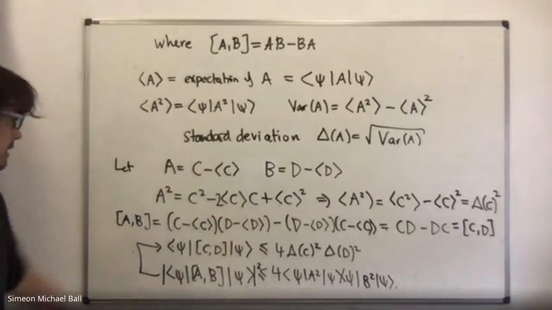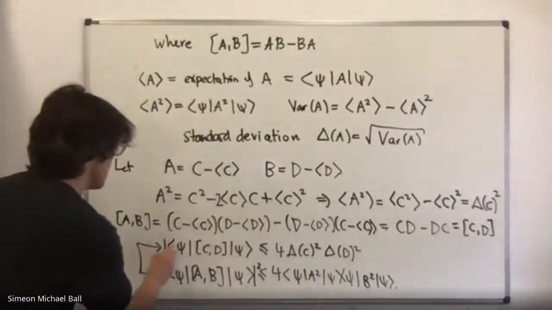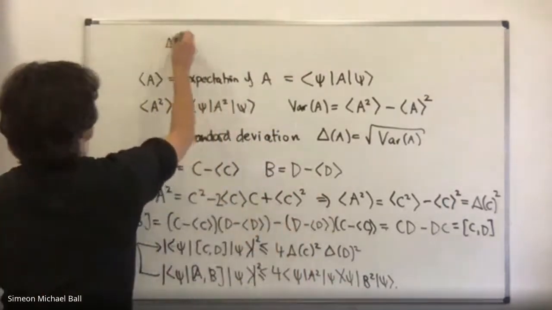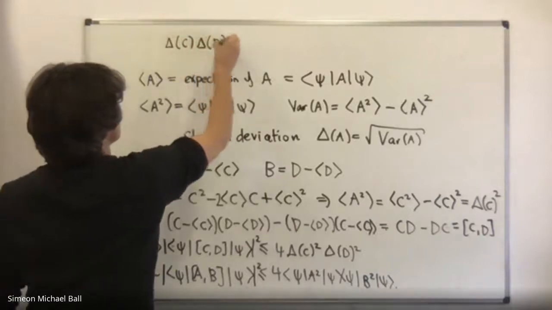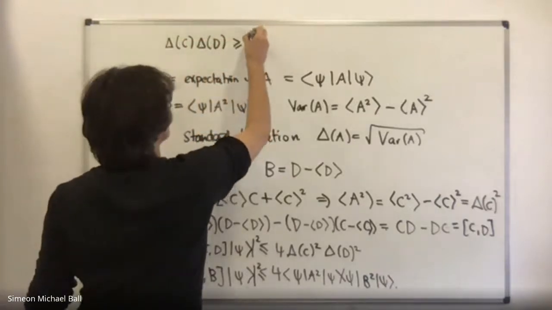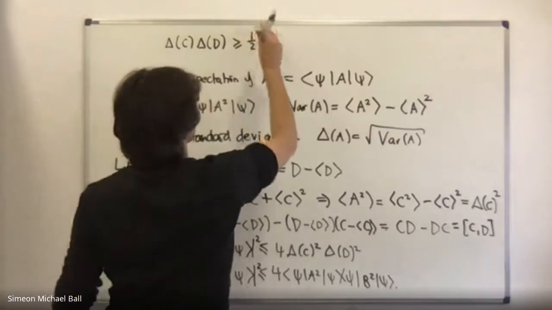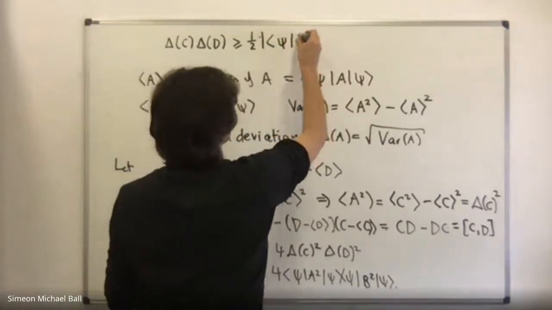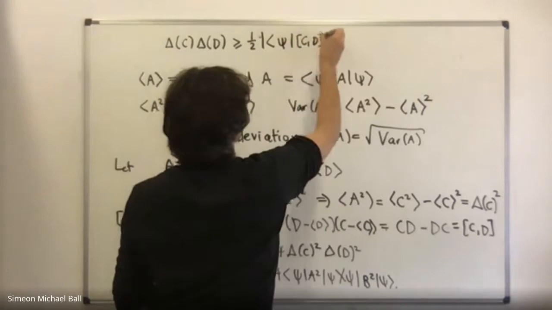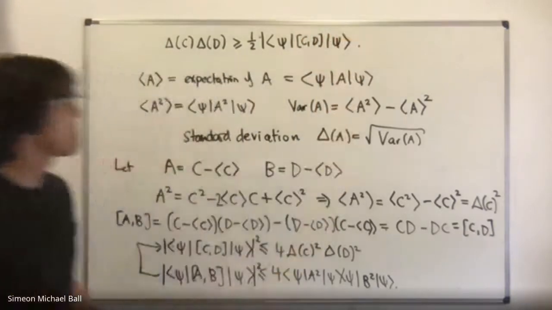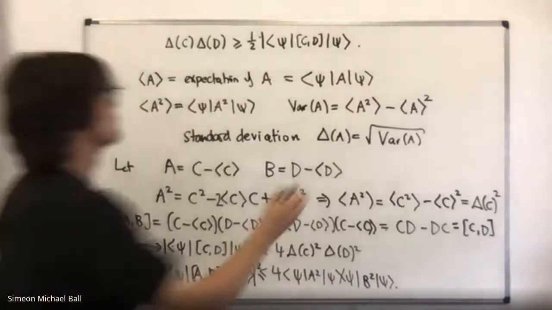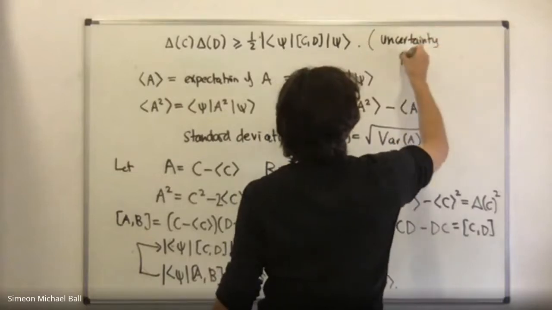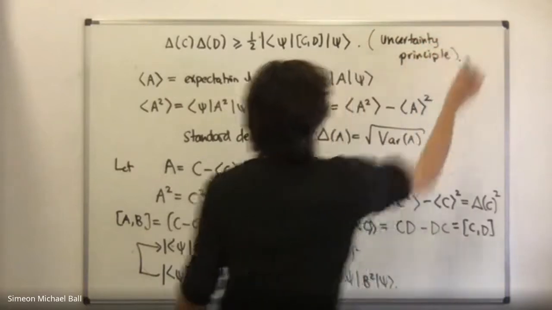So this is this squared, because then you can take square roots. Now we take square roots, and we end up with the standard deviation of C times the standard deviation of D is bigger than 1/2 of this thing. And that's the uncertainty principle.